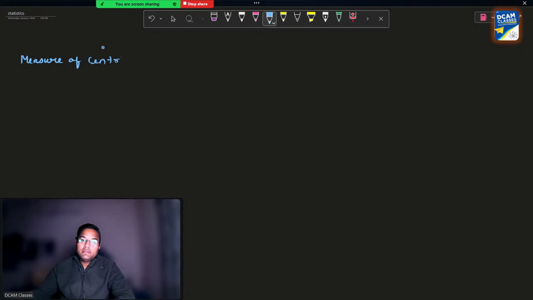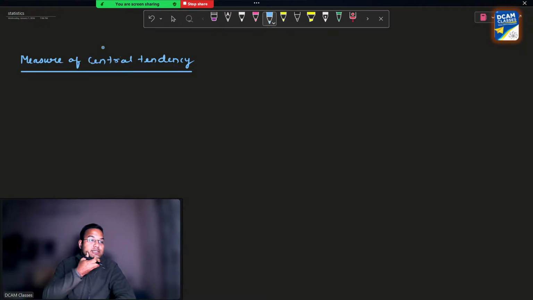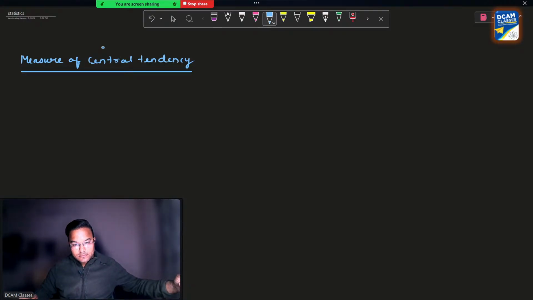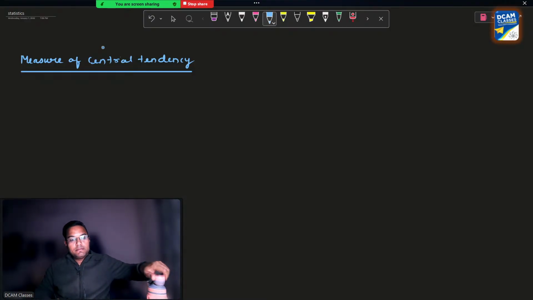The chapter name is measure of central tendency. Here we analyze the average values, which is why statistics is there. Statistics is used for analyzing grouped data. Basically, it is there for ungrouped data also, but the main purpose of statistics is to analyze grouped data.